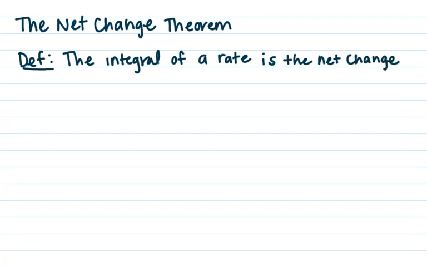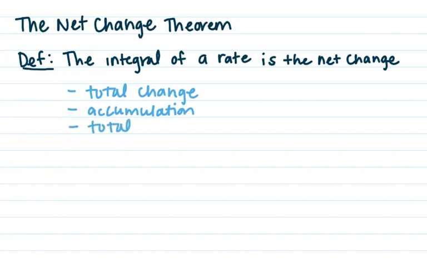Some different phrases you might hear for this: you might be asked to find the total change, or an accumulation, how much accumulation occurred, total amount at the end, or even displacement. That was probably the first way we really thought about it.